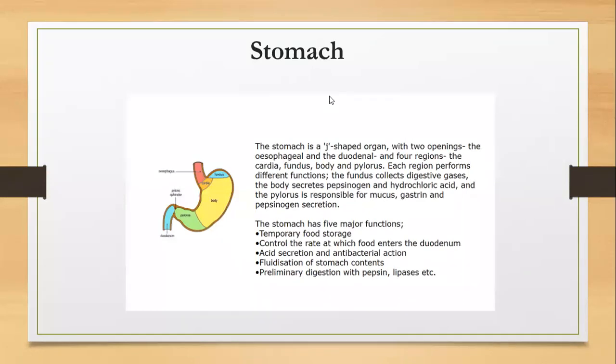So the next function of the stomach is the preliminary digestion of the proteins. Remember we said that the first portion of proteins is digested within the stomach, and this is done by pepsin. But as we look at other functions, we are going to see that we also have some other enzymes like the gastric lipases.